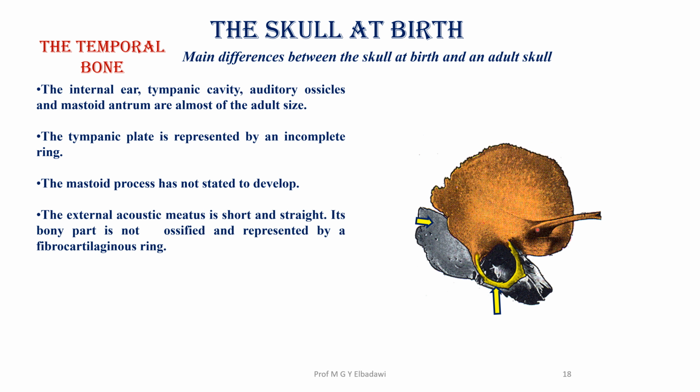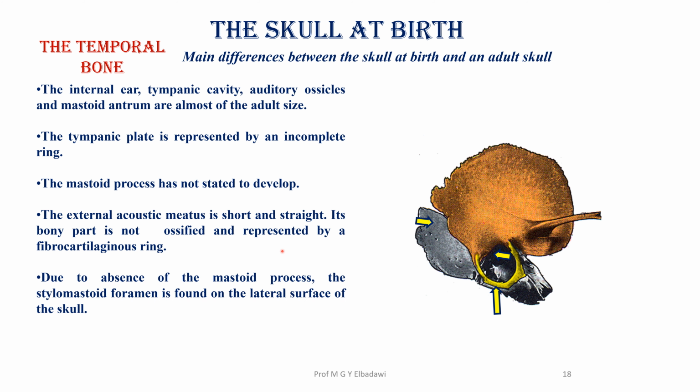Here the external acoustic meatus is very short and straight, so infection is easier. Its bony part is not ossified and is represented by this fibrocartilaginous ring. Moreover, due to the absence of the mastoid process, the stylomastoid foramen will be looking onto the lateral surface. The facial nerve which comes out from this foramen will be easily injured.